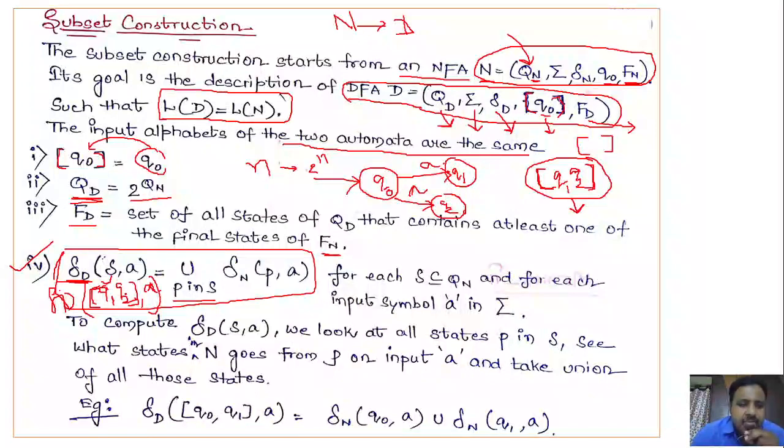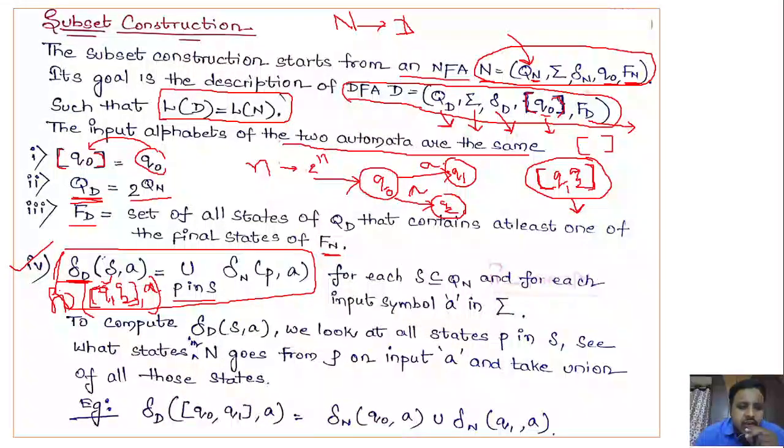So how do we find out the transition for this state in the DFA? In order to find the transition for this state, what is the reference for us? NFA is the reference. So we have to go to the NFA and perform the transition on individual states and then perform the union between these two, right? Let me repeat once again. Here we are calculating the transition function for a state Q1, Q2.